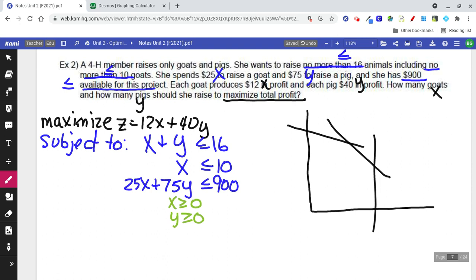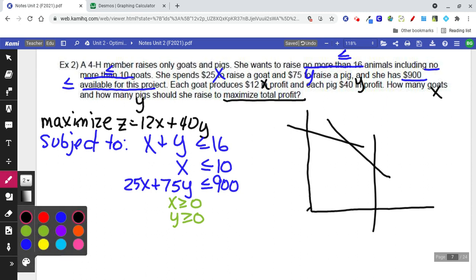That's fine, whatever. So the points were this one, 0, 0, and this one, and this one, and this one, and this one. Let's go ahead and color in the feasible region.